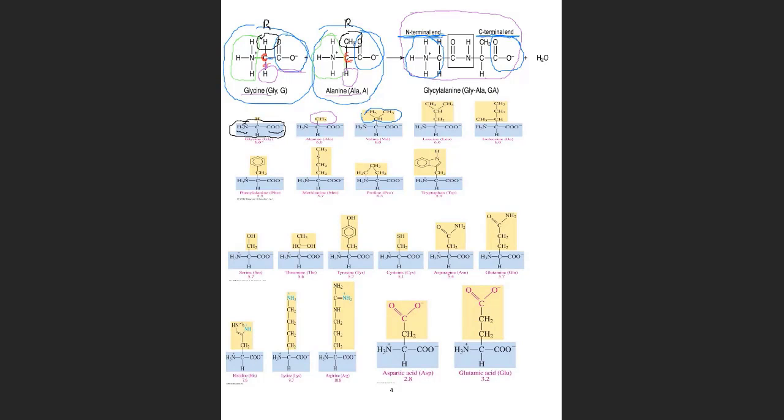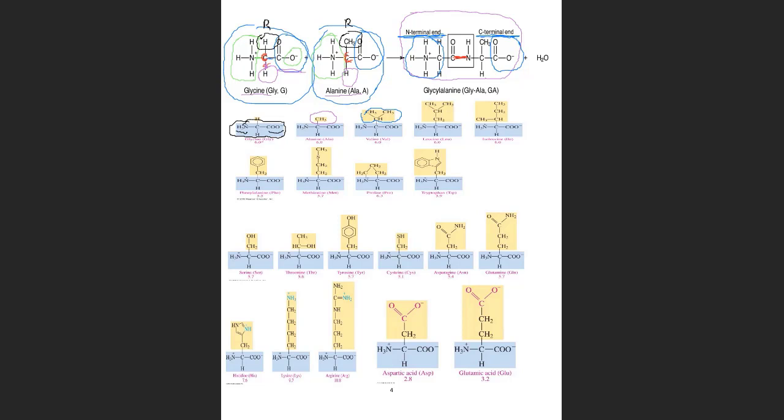This in red is the peptide bond between the amino group of one amino acid and the carboxylic acid of another amino acid. And when the bond forms, there is a loss of water. If you pay attention here in this graph, the carbon that has the carbonyl group is losing one oxygen.